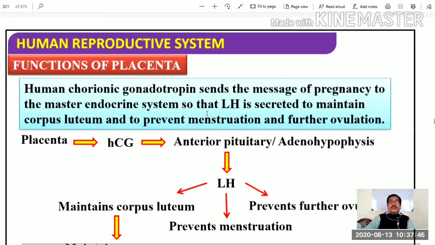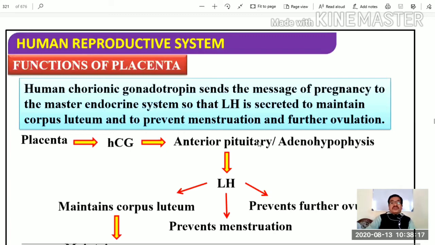So what happens? The LH is secreted to maintain the corpus luteum and to prevent menstruation and further ovulation. So menstruation will be prevented after the pregnancy, and also further ovulation, when there is no formation of the ovules and eggs. So the total process is stopped. The placenta HCG acts on the anterior pituitary gland, also called the adenohypophysis.